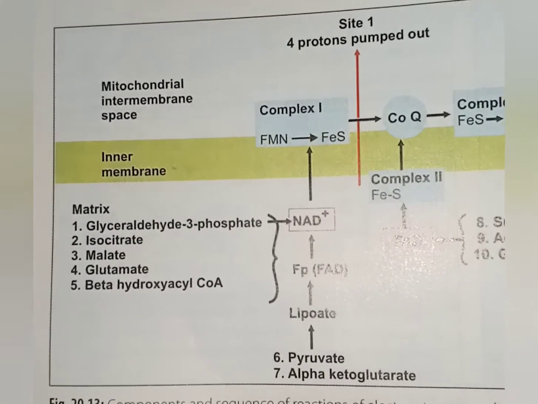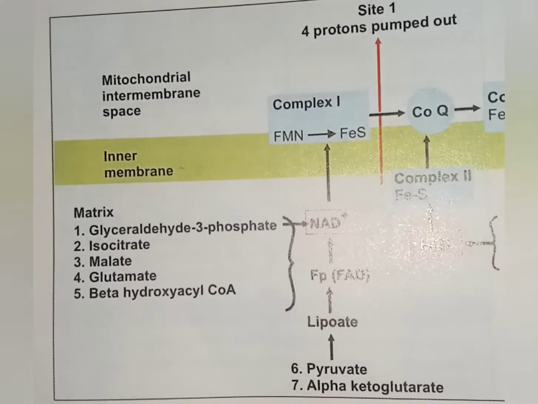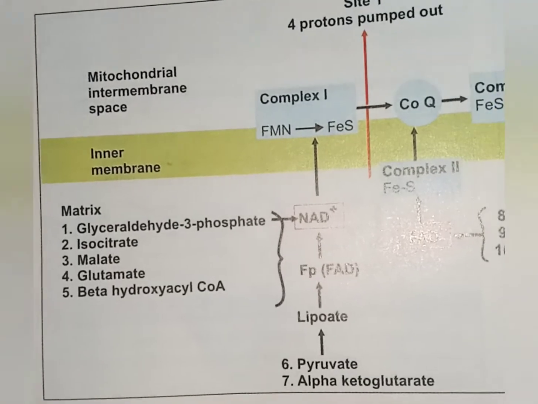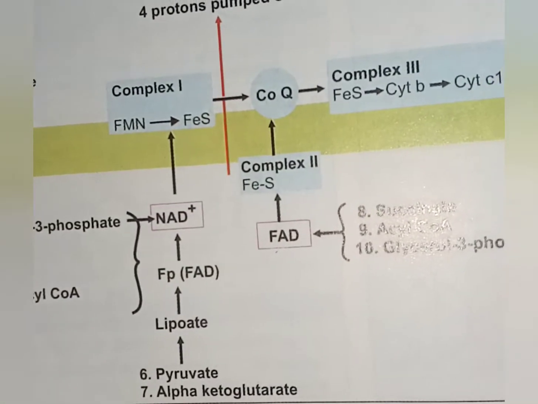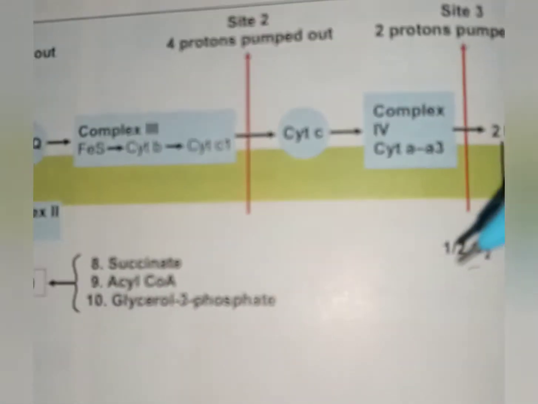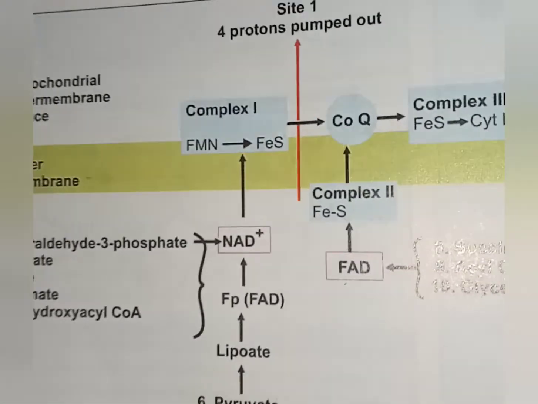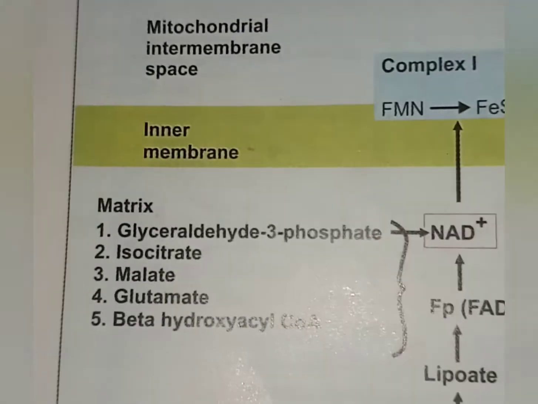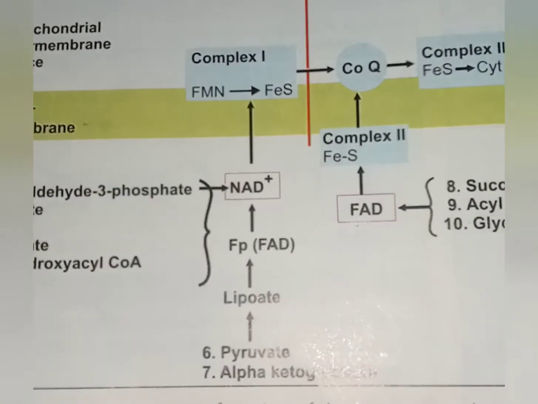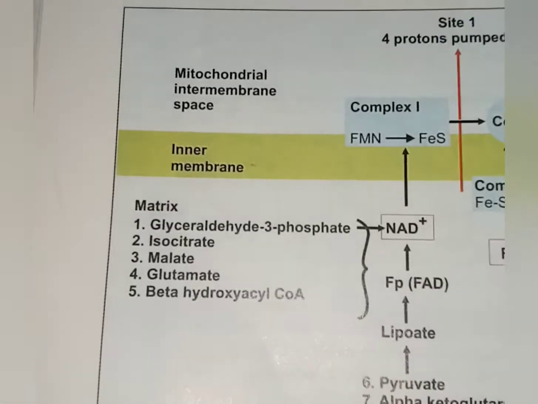So let's start with the electron transport chain. This is the electron transport chain, the diagram that I have already shown you in part 1. Now I am going to explain each step one by one.